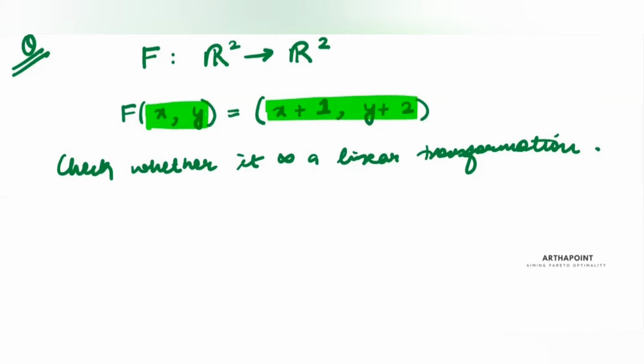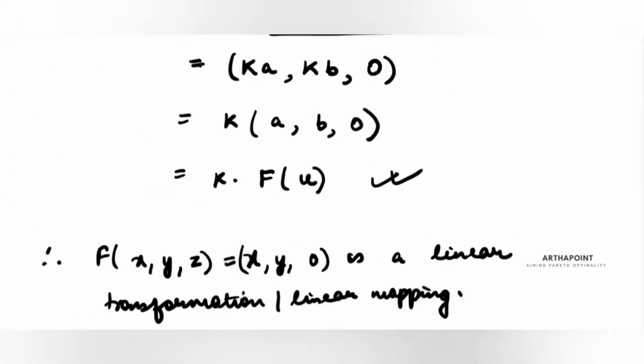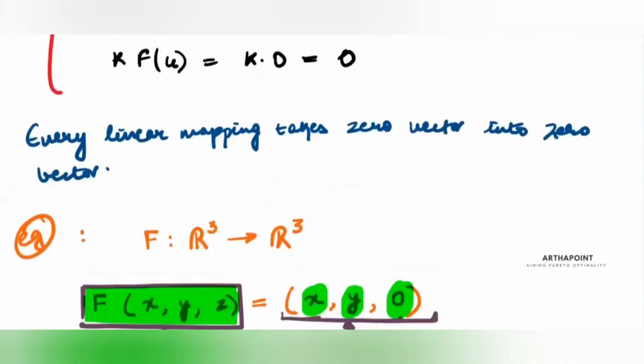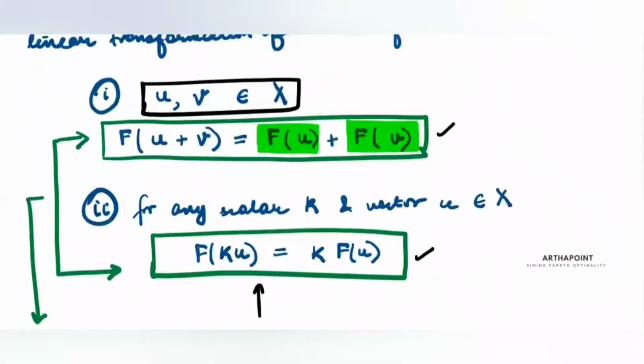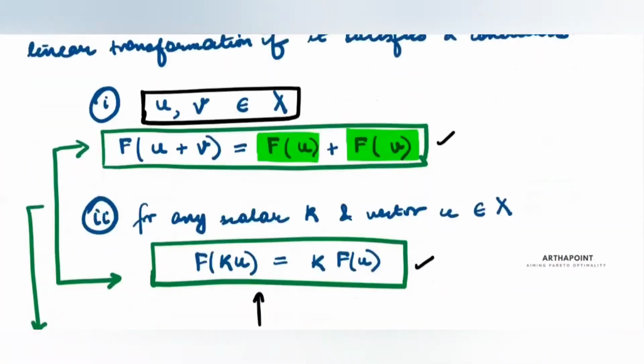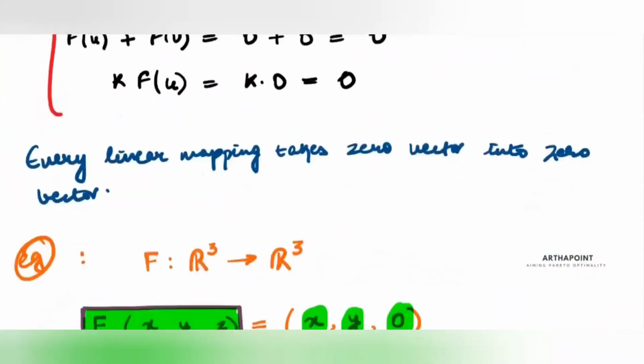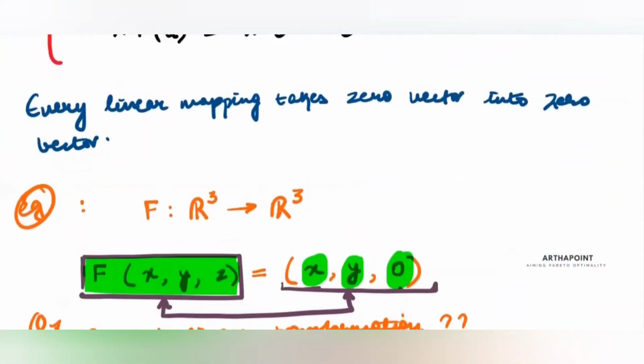Suppose, to prove this, I can do the easiest thing. And the easiest thing is the following. I will go up and I'll do one more important property of linear transformation. What is an important property? One of the very, very important properties of linear transformation or linear mapping is that it takes the 0 vector into the 0 vector.